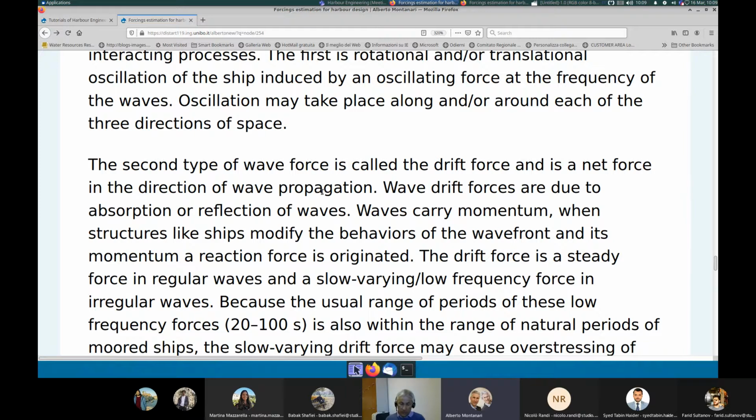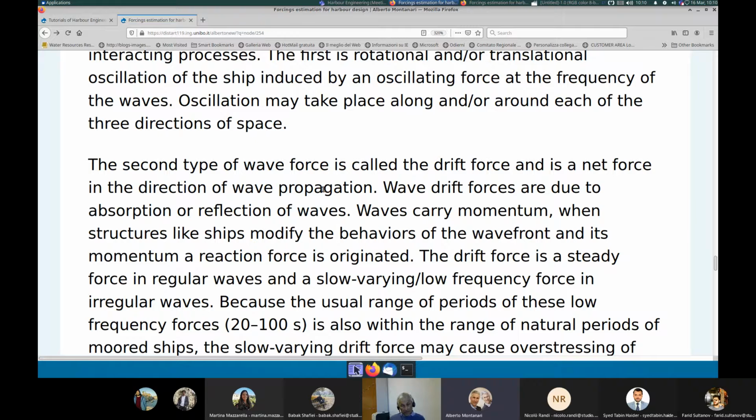So waves carry momentum, they carry energy, okay? Momentum, you can assume that momentum is directly connected to energy. Momentum is a vector because it has the direction of the wave.